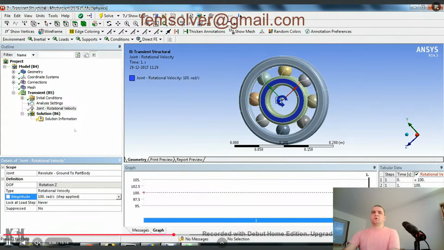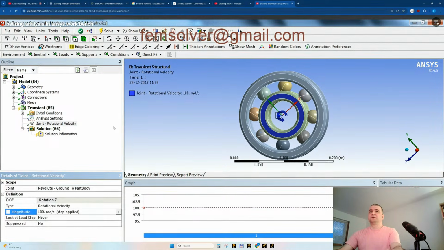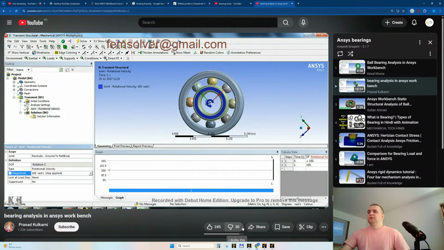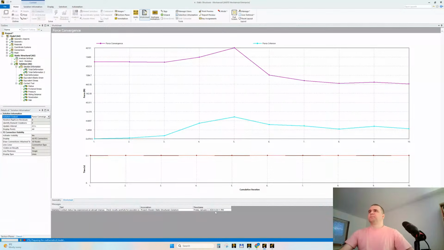Rotational velocity, 100 radians per second. 100 radians per second divided by 2 pi. It will be a few dozens rotations per second, which is very, very much for this scenario. Let's see what occurs here. We'll leave it like this.